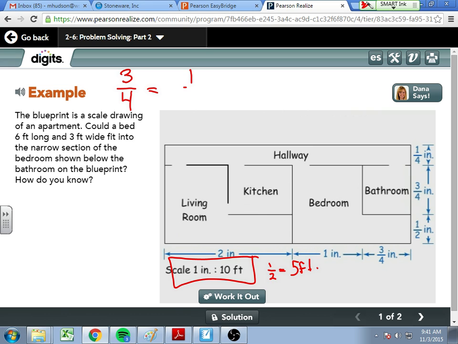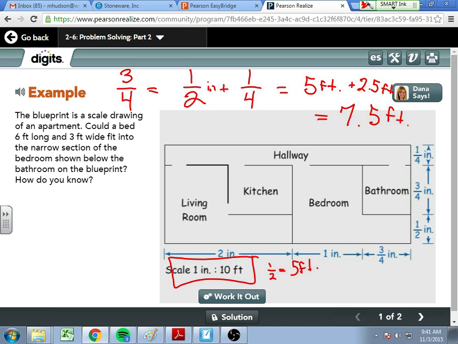So you could say 3/4 is a half plus a fourth, whereas half an inch would be 5 feet, and then half of a half, or the 1/4, would be 2.5 feet, which would equal 7.5 feet. So I liked it up until, but if all we care about is will it fit, then sure, you can estimate. But if we want the actual dimensions, then you could have used this way. But I like your spatial reasoning of saying, oh, well, half of that's just half of that.